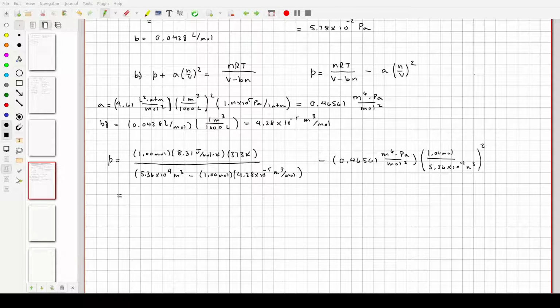There we go, that's better. All right, so you square that, and you end up with 0.0578 rather.